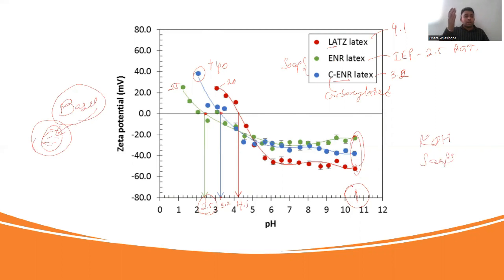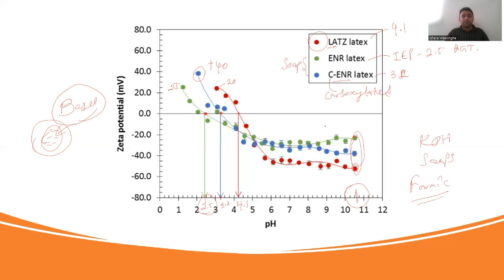Okay. Now I will take this one, low ammonia TMTD preserved latex, and I will add acids. Which acid do you prefer? Formic. I am adding formic.